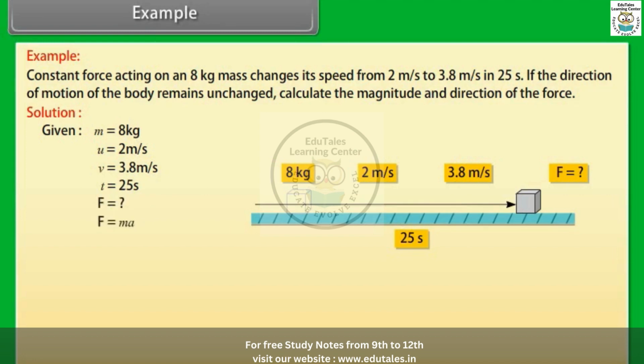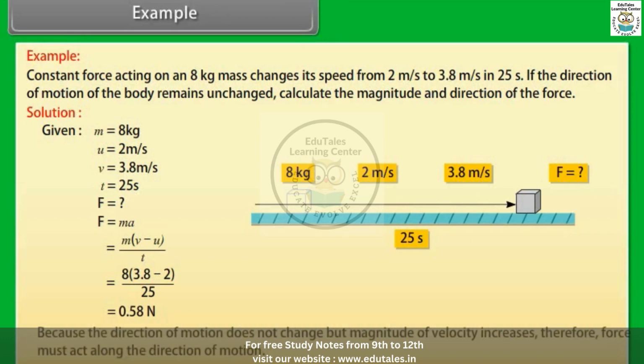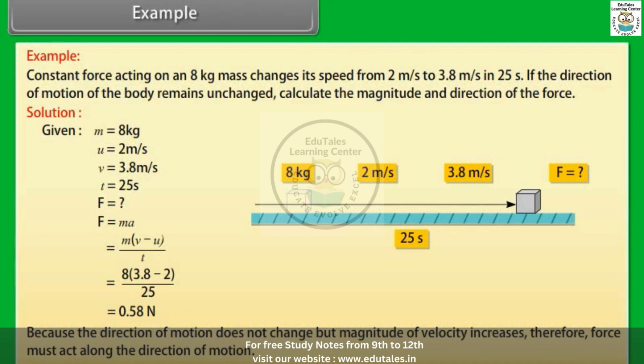F is equal to ma, which is equal to m into (v minus u) divided by t, which is equal to 8 into (3.8 minus 2) upon 25. Force is equal to 0.58 newton. Because the direction of motion does not change but the magnitude of velocity increases, the force must act along the direction of motion.